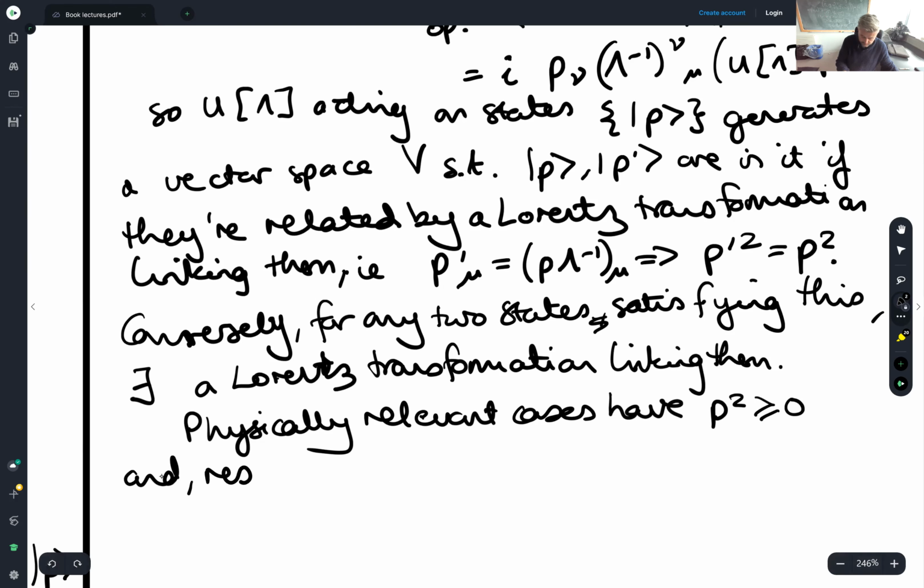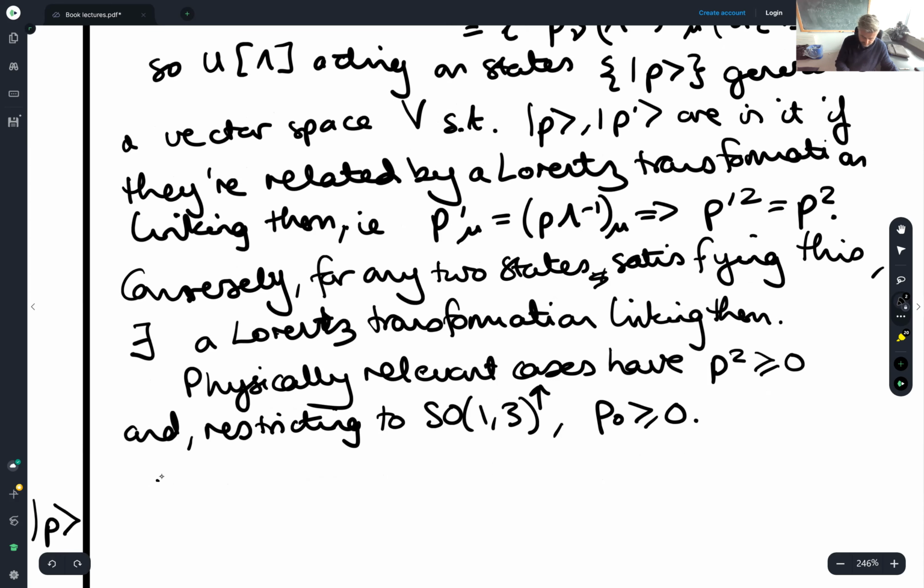So we're going to restrict now to proper orthochronous Lorentz transformations. So we have p0 bigger than or equal to 0. So note, there's a continuum of these p mu's, and that's why the dimensionality of the irreducible representation is infinity.